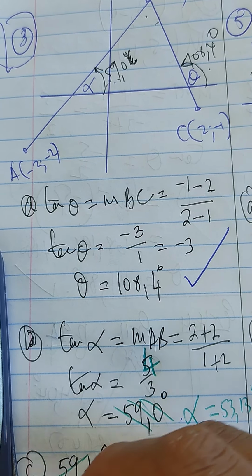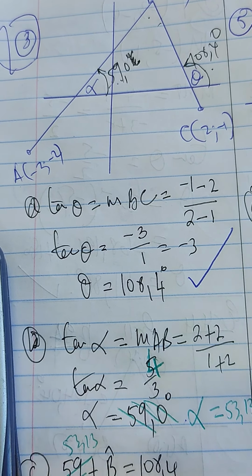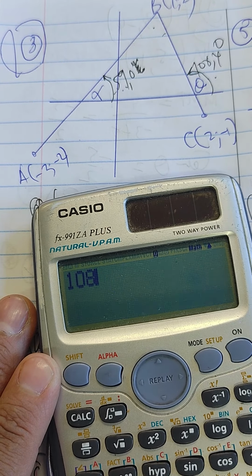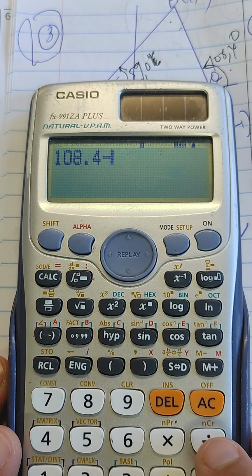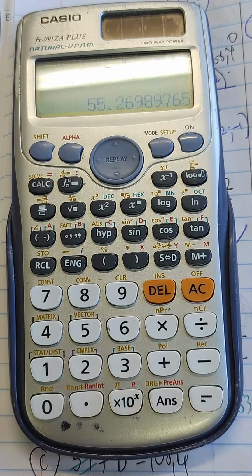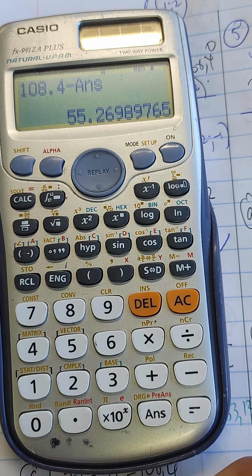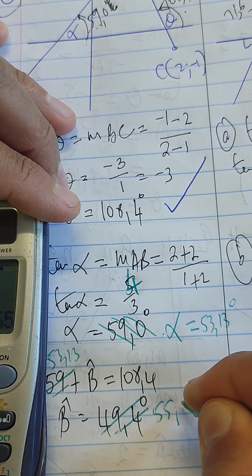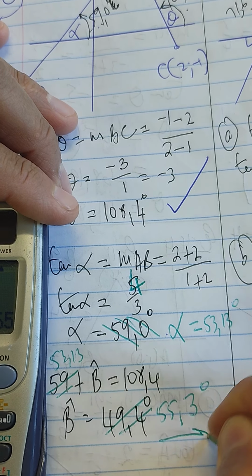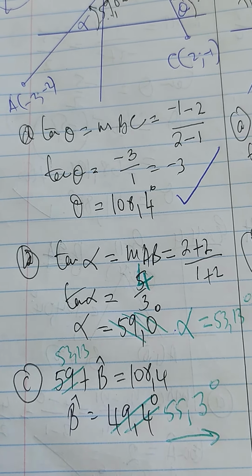So that must be 53.13. So you say 108.4 minus that angle gives you 55.3 degrees. Okay, so sorry about that.